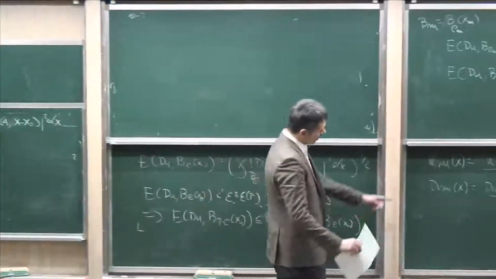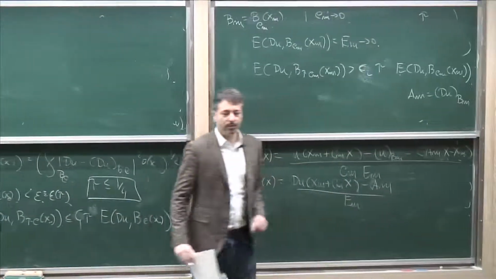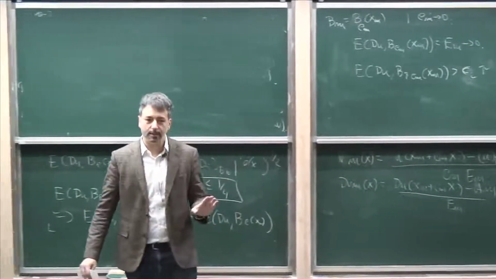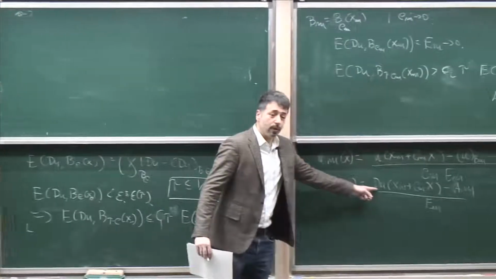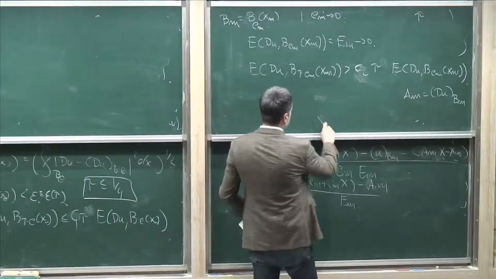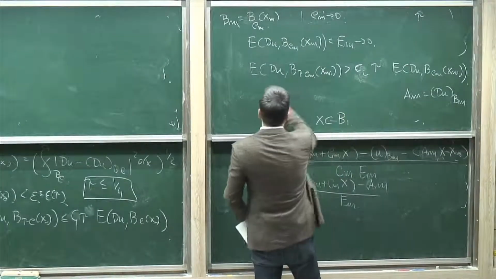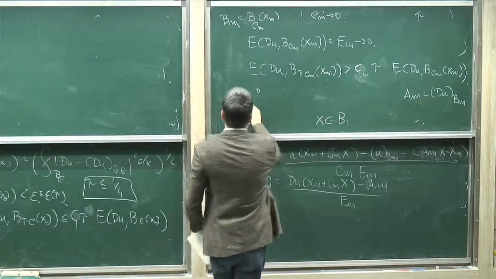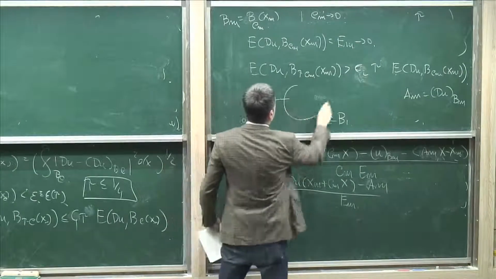Now, if you consider the L2 norm of this guy, the L2 norms are uniformly bounded, because if you take the L2 norm in B1, so you see, these are maps defined in B1. So you are taking the small balls, and you are blowing up into B1.